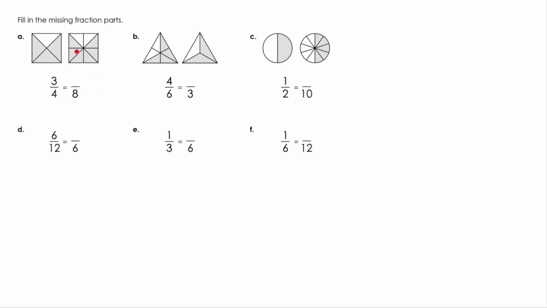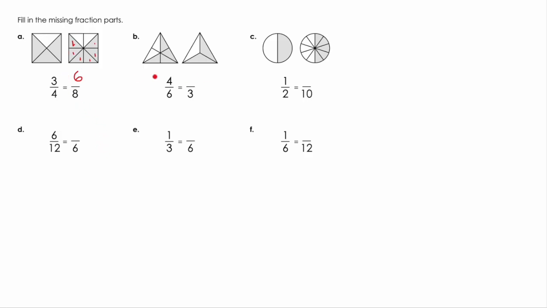Look at that. It gave us the denominator, which was 8, right? 1, 2, 3, 4, 5, 6, 7, 8, right? But now we just need to know how many shaded pieces. Shaded pieces. 1, 2, 3, 4, 5, 6. 6 is the lucky number. 6 eighths. There it is.